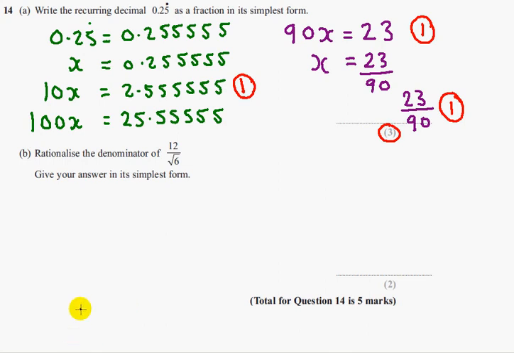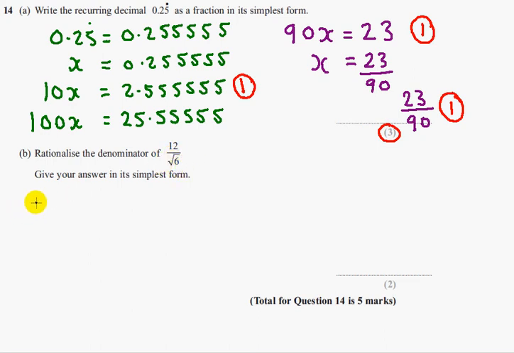So, part B says rationalise the denominator of 12 over root 6. Give your answer in its simplest form. Okay, so to rationalise the denominator means make the denominator not a surd anymore. Okay, make it a normal number.